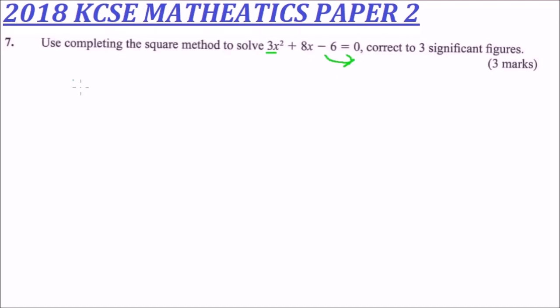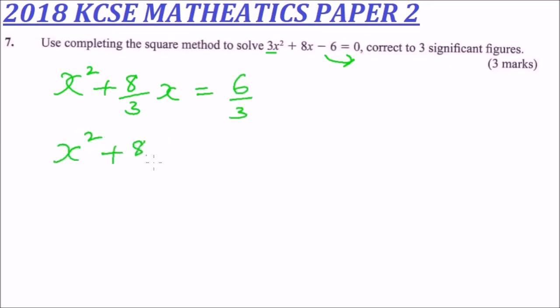So you have x squared plus 8 divided by 3 x equals 6 divided by 3. When you work this out, you get x squared plus 8 over 3 x equals 2.